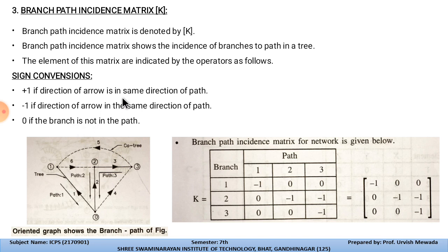Now the branch path incidence matrix shows the incidences of branches on the path of a tree. So the elements of the matrix are indicated by the operators as follows. These are the operators. This is path number 1, this is path number 2, and this is path number 3. Now the sign convention for the particular path.